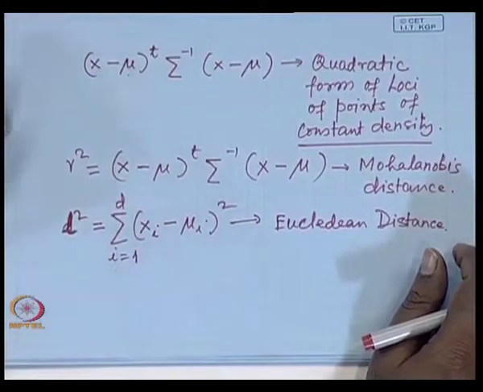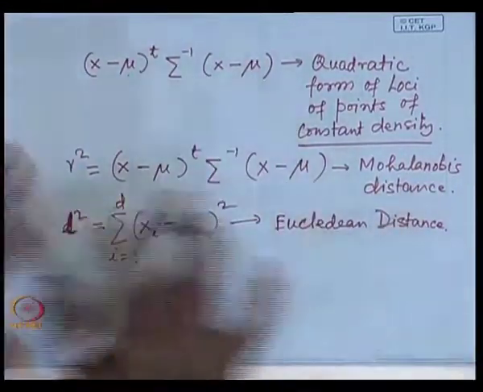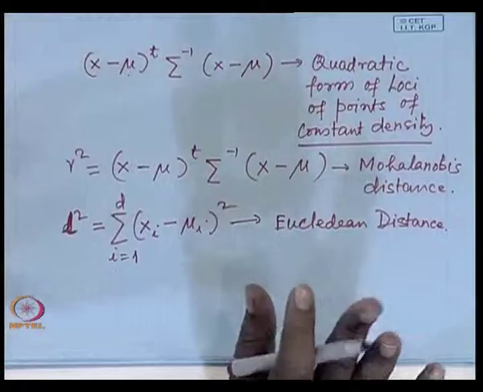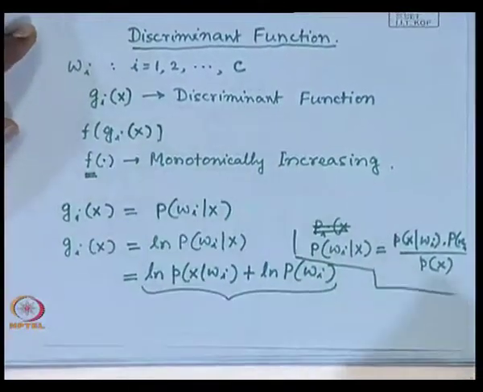Okay. So, now let us see how this can be utilized. So far, whatever I have discussed is about the probability density functions, univariate case, bivariate case, multivariate case. I have not gone beyond that. But we started with how these probability functions actually influence the structure of the decision surface.